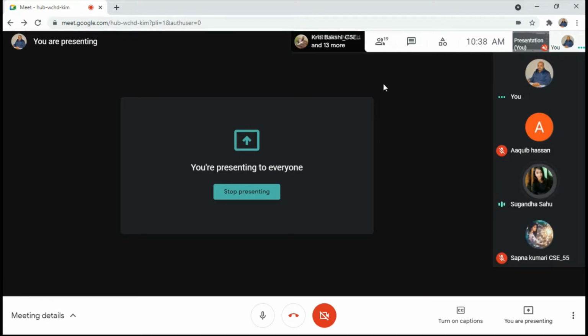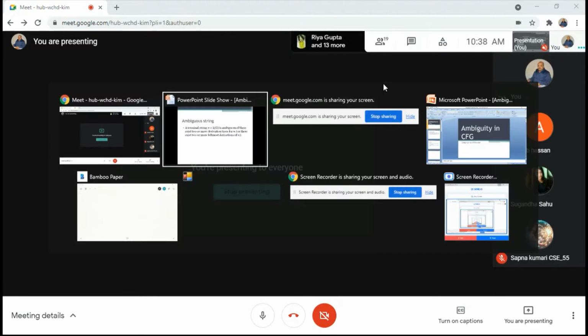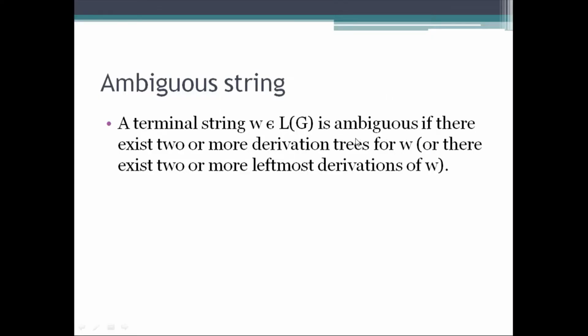We replace the leftmost non-terminal with a production rule in each sentential form until we reach the sentence, isn't it? So here we are talking about the same thing. A terminal string W is called ambiguous if there exist two or more derivation trees for W, or two or more leftmost derivations of W.